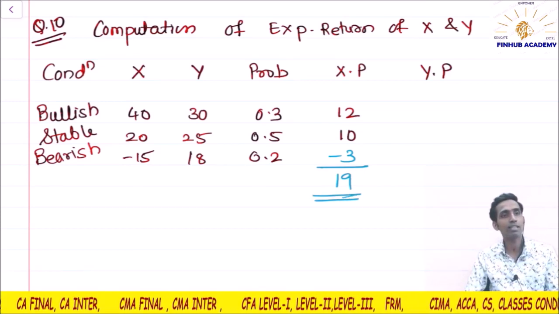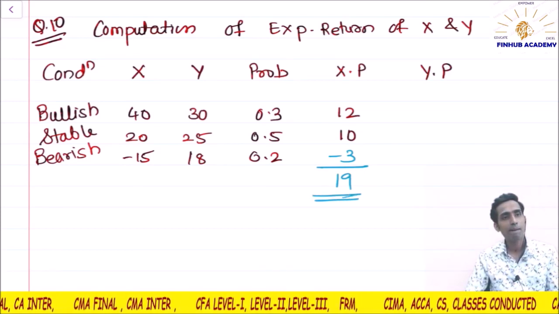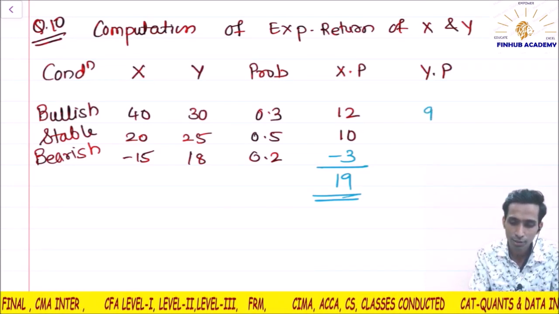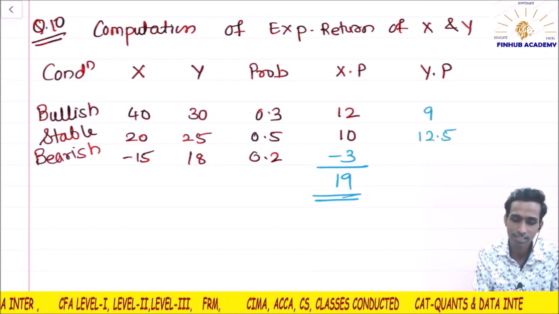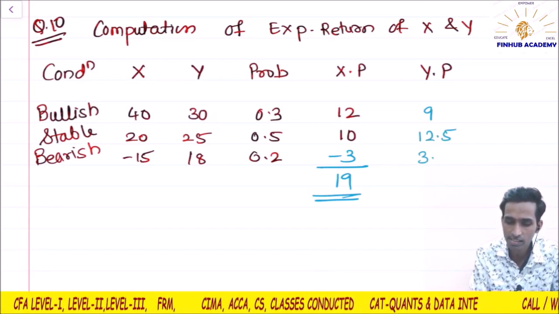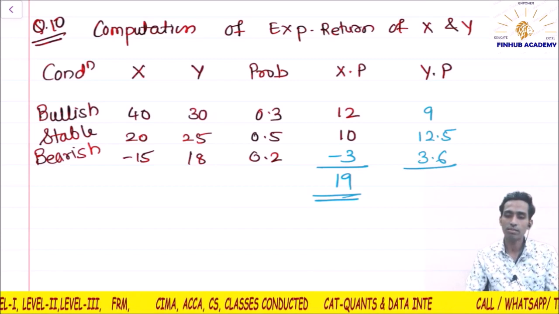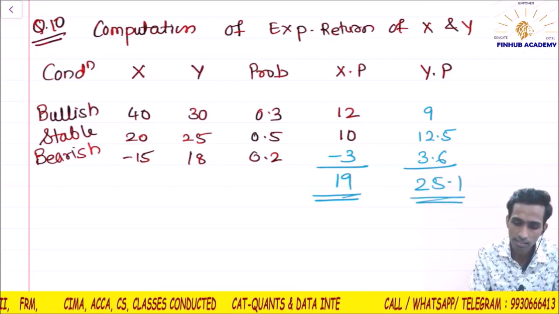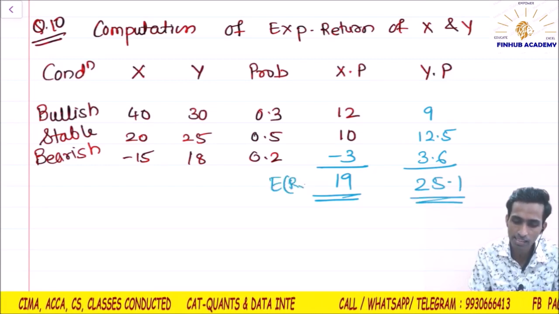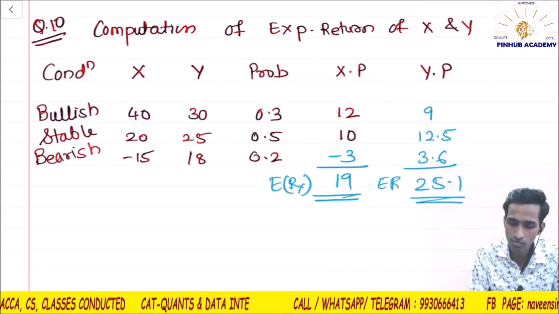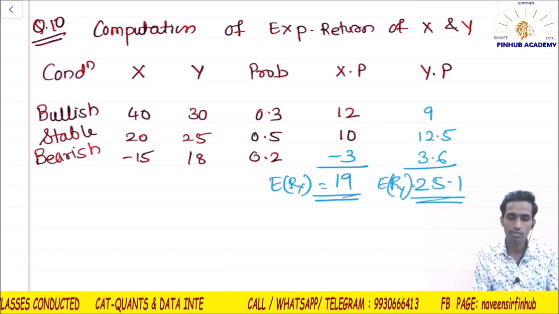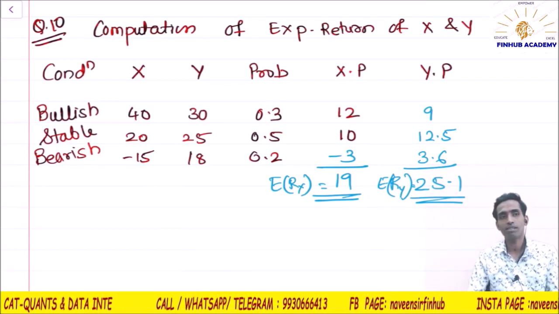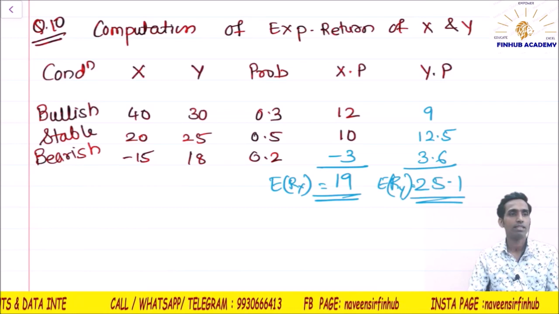For y: 30 into 0.3 is 9, 25 into 0.5 is 12.5, 18 into 0.2 is 3.6. The total is 25.1. This is expected return of x and this is expected return of y.